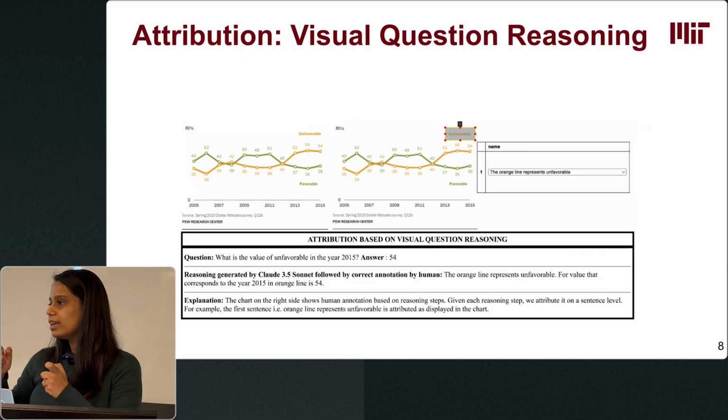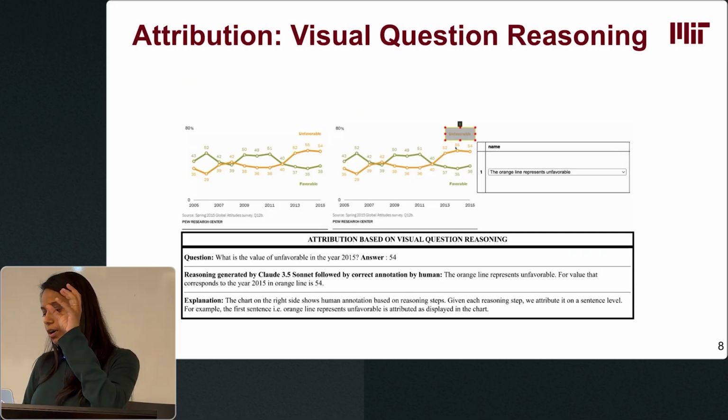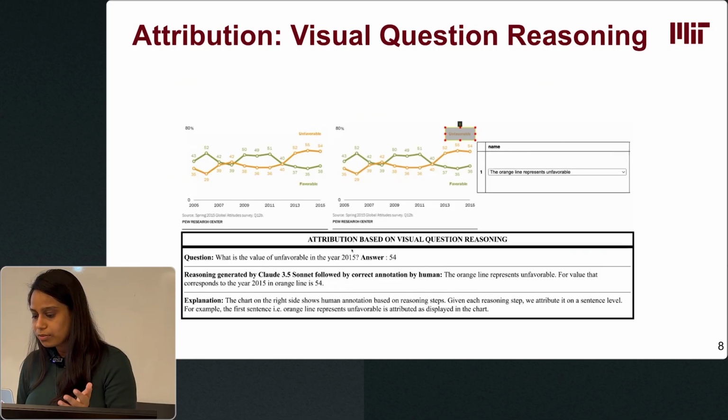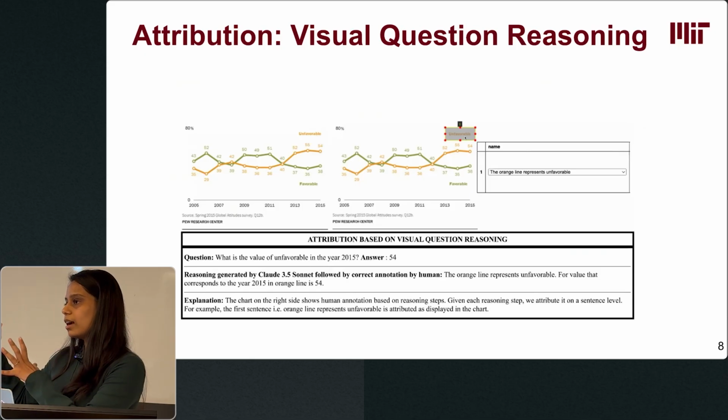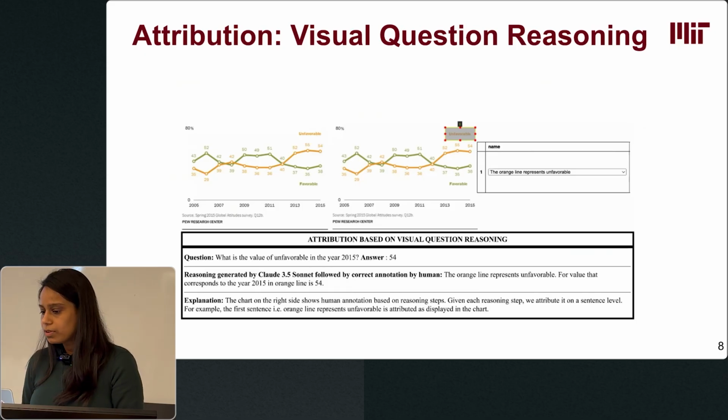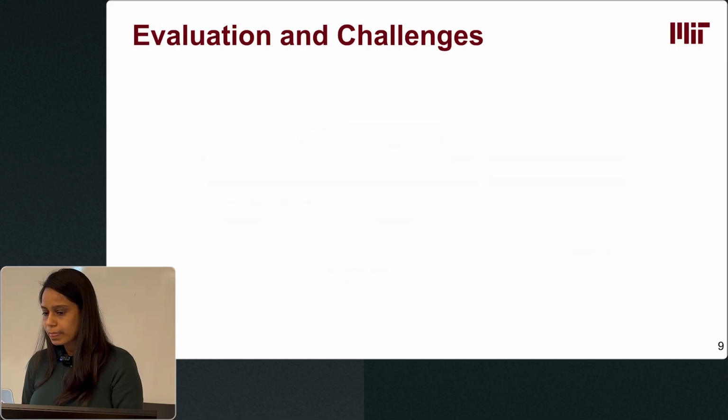So the model needs to understand that it only needs to look at the orange line that is representing the unfavorable condition, so that it could interpret then, okay, what is the value of unfavorable in the year 2015, which is 54. So the first bounding box that the model we trained created was unfavorable, a bounding box on it, which we are calling attributing charts based on visual question reasoning.